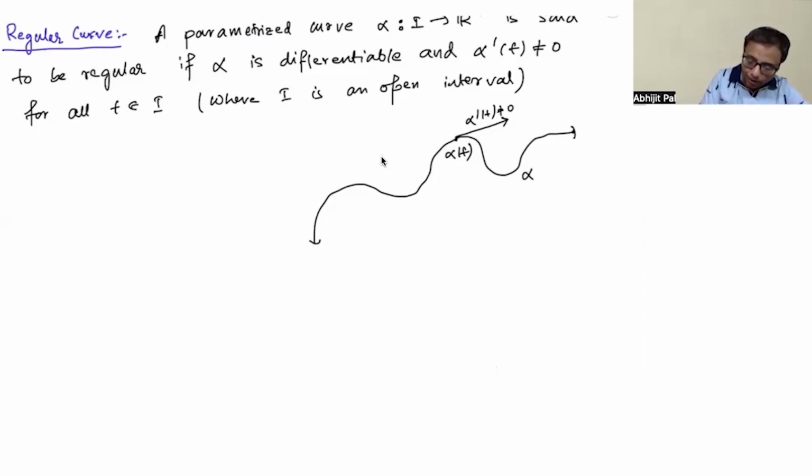Let me also define what we mean by tangent vector, also called velocity vector. Let alpha be a differentiable curve.